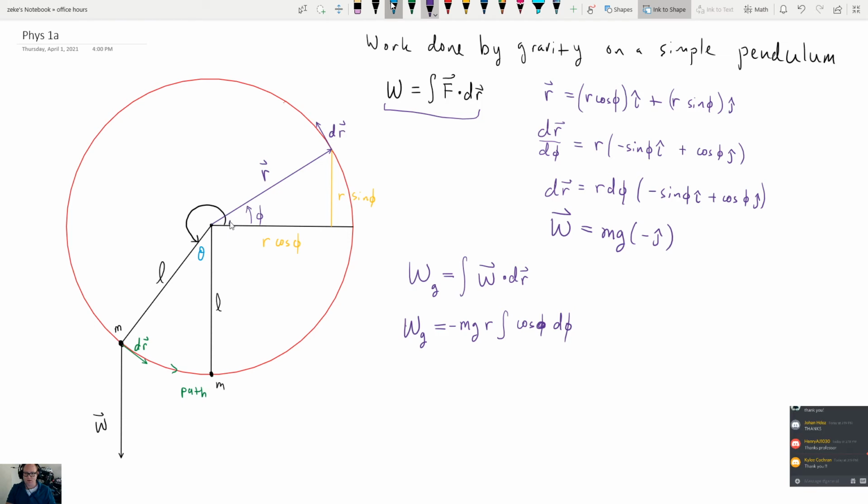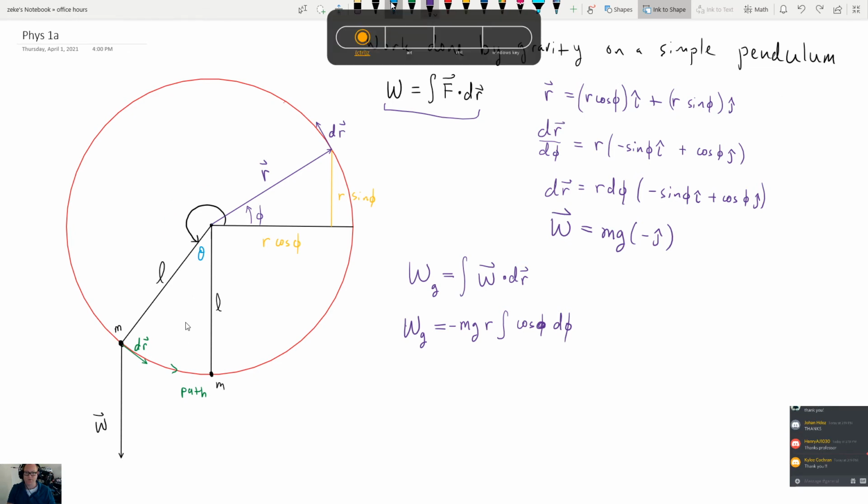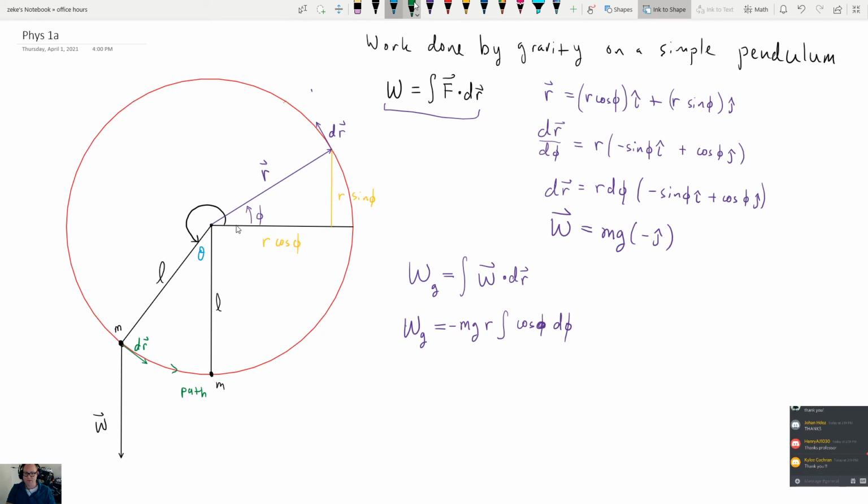So our initial angle is going to be from here around to here. I wanted to make that a different color, sorry. I wanted to make that green. So this is going to be our lower limit. I guess what I could do is say we want to go from phi initial to phi final. And our upper limit right here at phi final, you can see that it's going to go all the way around to here.